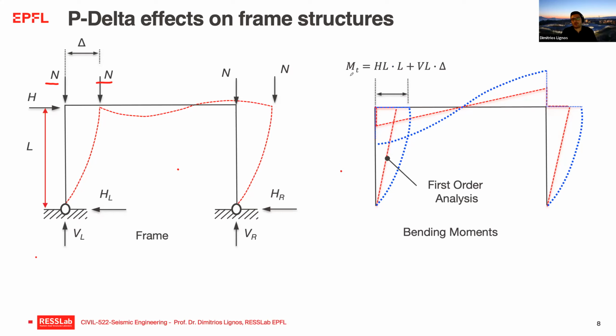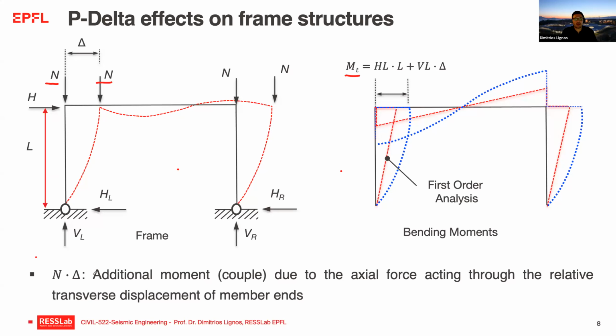So the real moment that you will have to consider in the design would be H times L plus V times L times delta. And the N times delta is the additional moment coupled due to the axial force acting through the relative transverse displacement of member effects.